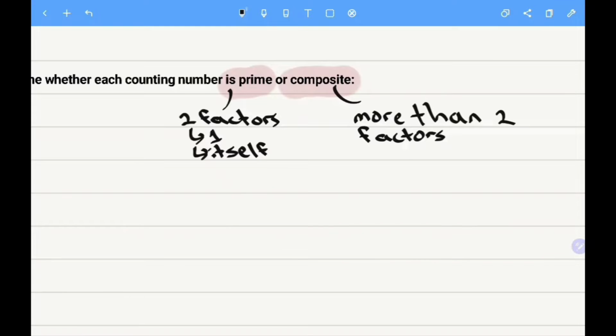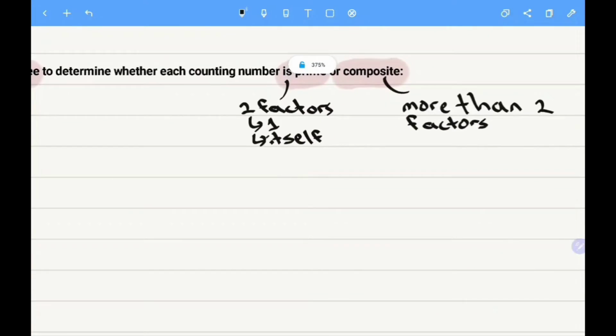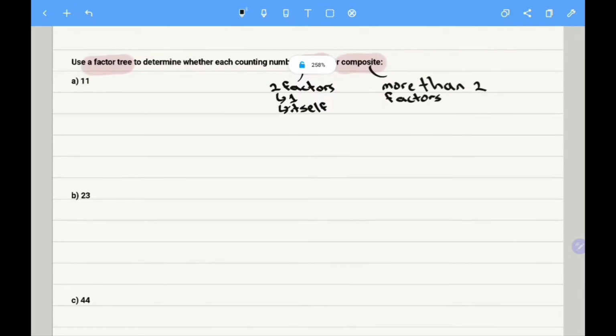It's more than that. Now that we've identified these keywords, so now we're familiar with this terminology, we can go ahead and answer these questions. So the counting number in part A is 11. We need to determine if 11 is a prime or composite number using a factor tree.